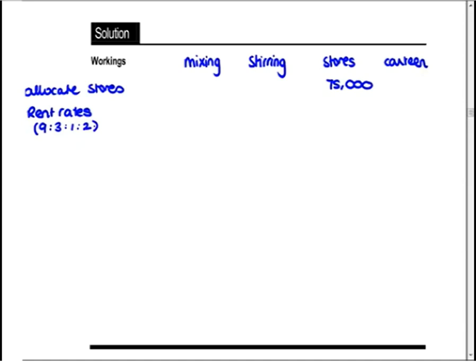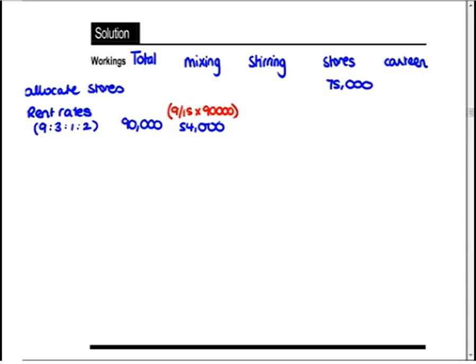And our total costs then for the rent and rates are $90,000. And so what we're going to say is that 9/15 will be the mixing department. So $54,000 of cost will go to the mixing department because it has the biggest proportion of floor. So 60% then of the factory is the mixing department, so it will get 60% of the costs.